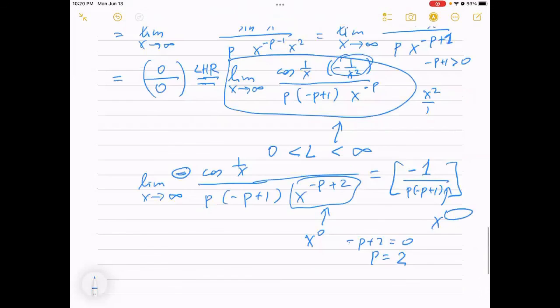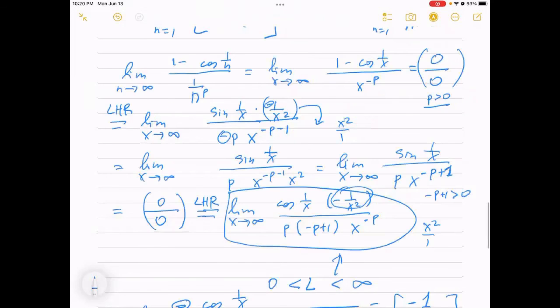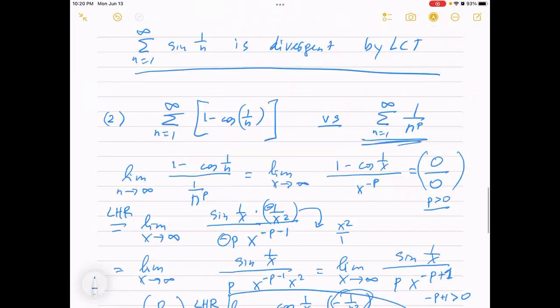So we have to compare our original series, 1 minus cosine of 1 over n from 1 to infinity, with 1 over n squared from 1 to infinity. Remember, we wanted to compare it with 1 over n to the p, and we figured out that p has to equal 2.